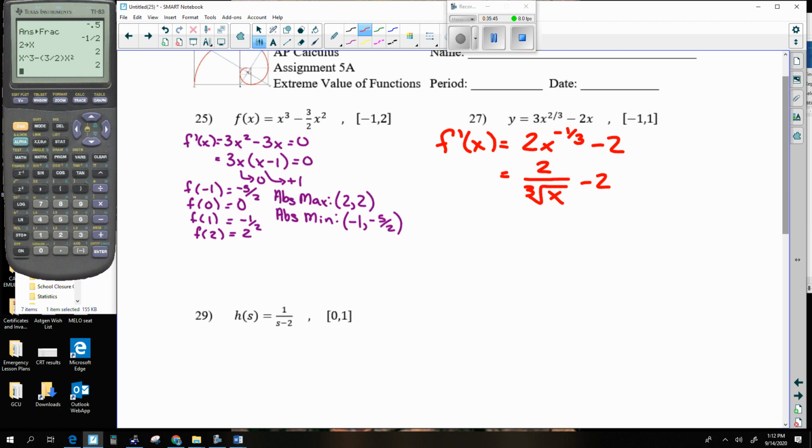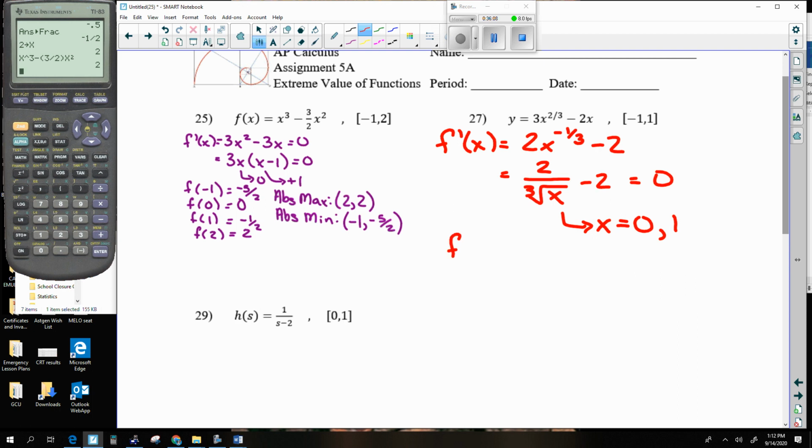So critical numbers coming off of this: x can't be equal to 0, so that's a critical number, as well as 1, which would make this derivative equal to 0. So there are two no-nos there, either undefined or equal to 0. You get both of them there.